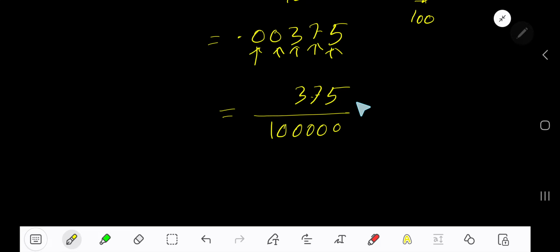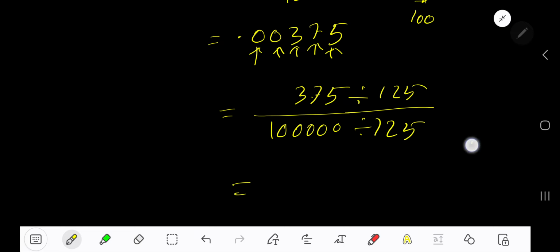You can simplify this fraction in one step by dividing numerator and denominator by the greatest common factor. The greatest common factor between this and this is 125. If you divide this by this, you will get 3.